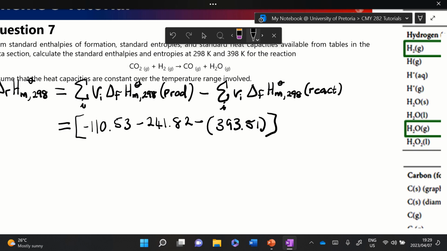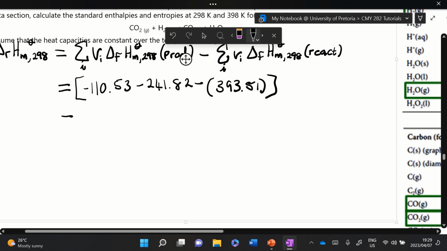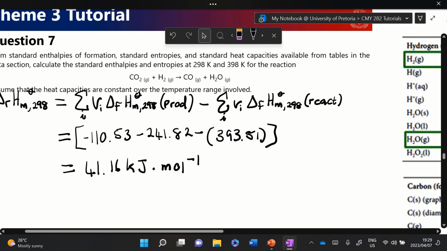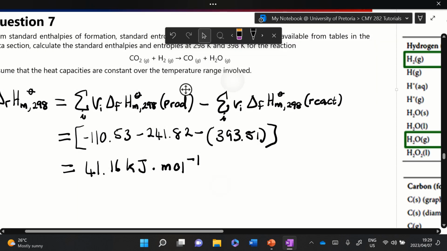We did a bunch of examples like this, so I'm not going to spend too much time on this, and this gives us a value of 41.16 kilojoule per mole. So that's the standard molar enthalpy at 298 Kelvin. That's one of the first things that we needed to calculate.